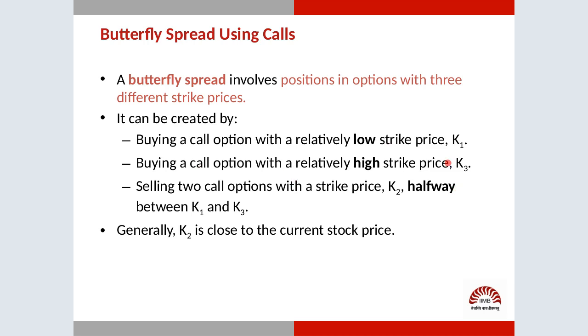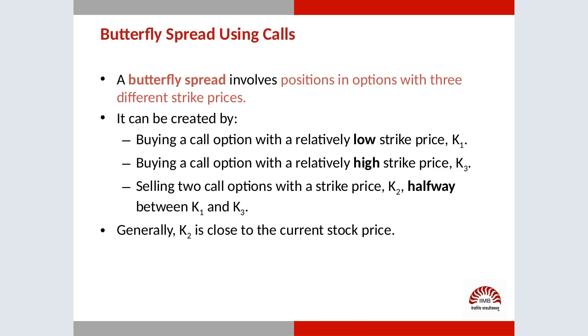Let's say this is C1, this is C3, and this is C2. If you're buying, you're paying, and if you're selling, you're earning, so basically I will have 2C2 minus C1 minus C3 as the premium.